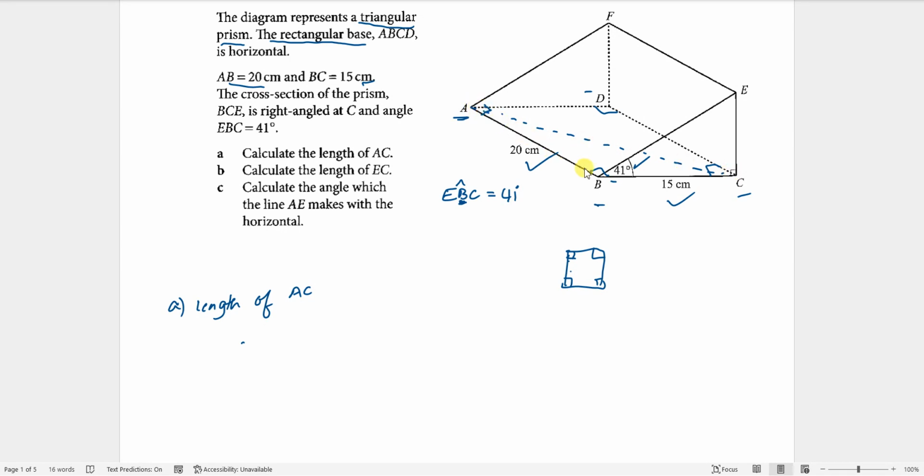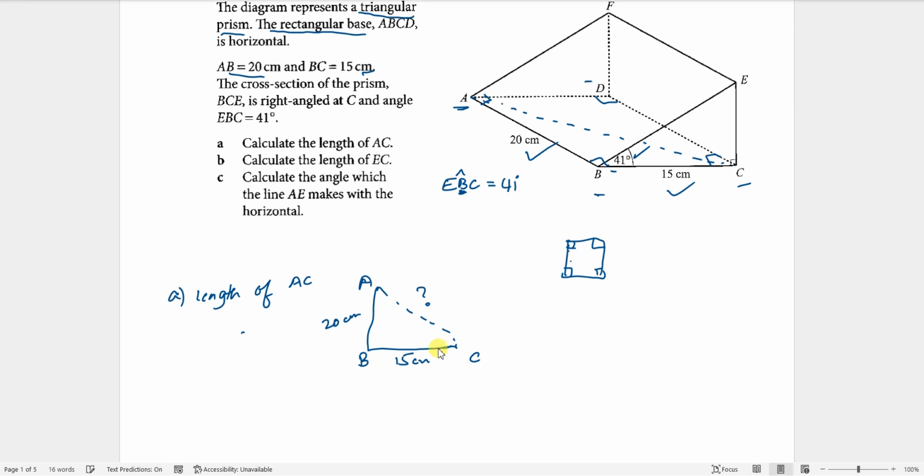We have this diagram here, so we can make it simple by drawing it again. Let's draw like this. Sorry, my drawing is very bad. A, B and C. They have asked you to find this side. A to B is 20 centimeters and B to C is 15 centimeters. So we got the question.